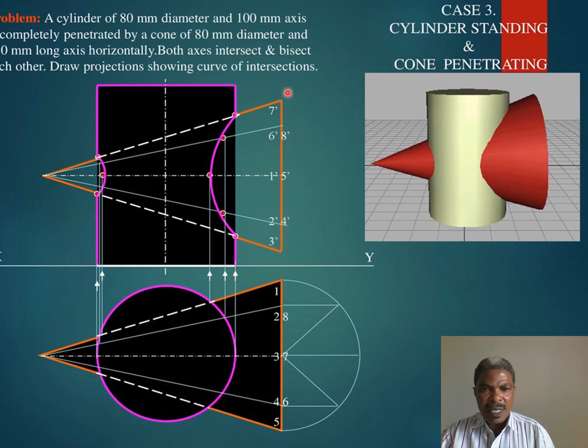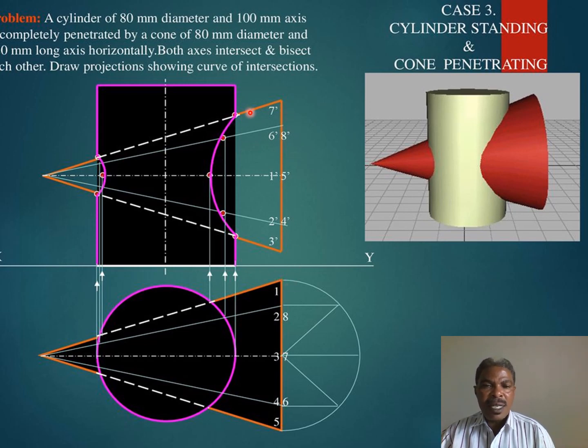In the plan view, 3 and 7 are located at the center, but they have to follow the order as we said: 1, 2, 3, 4, 5, 6, 7, 8. Likewise here, 1, 2, 3, 4, 5, 6, 7, then 8. That's the order we are focusing on.